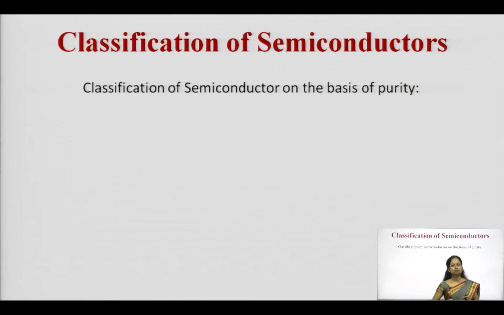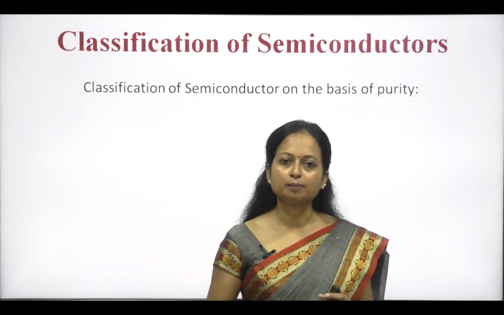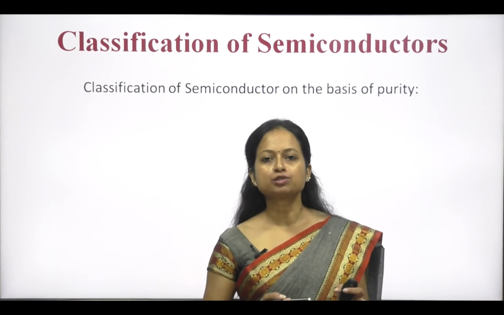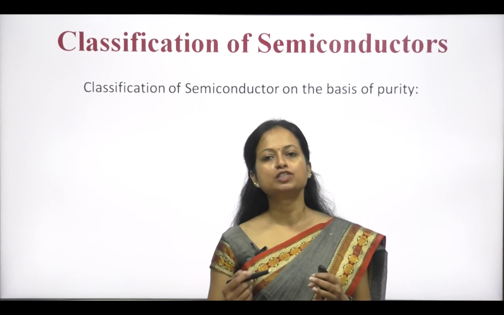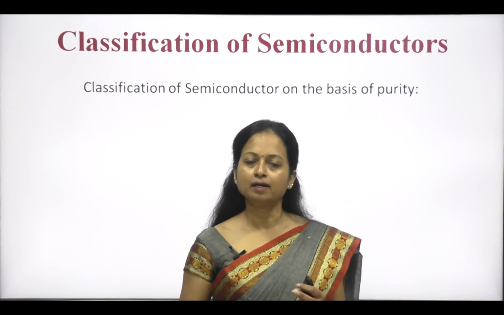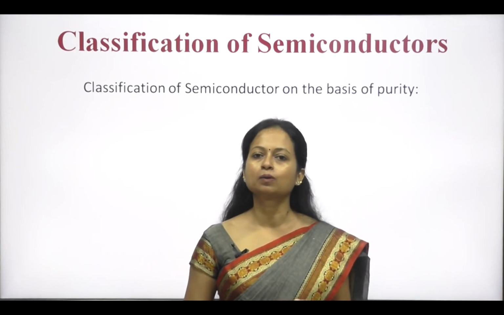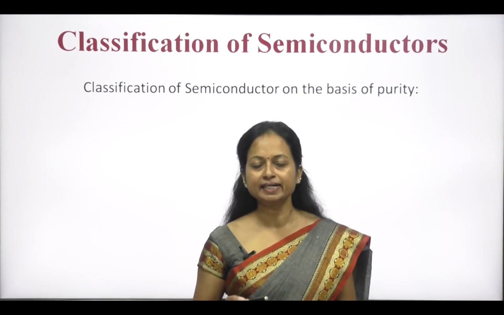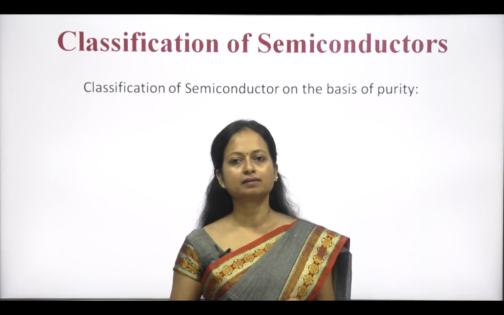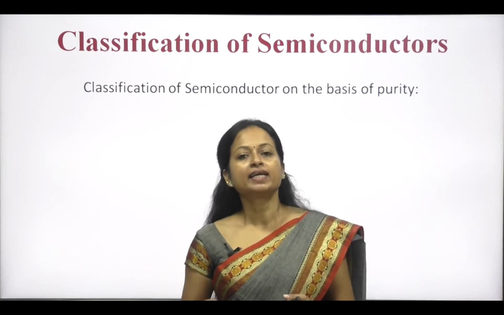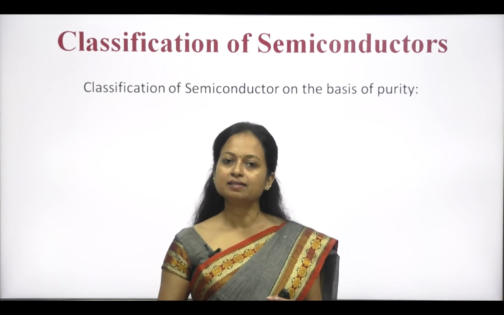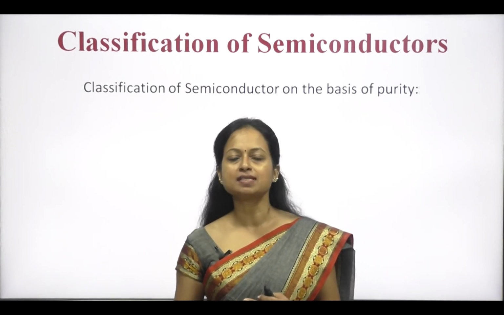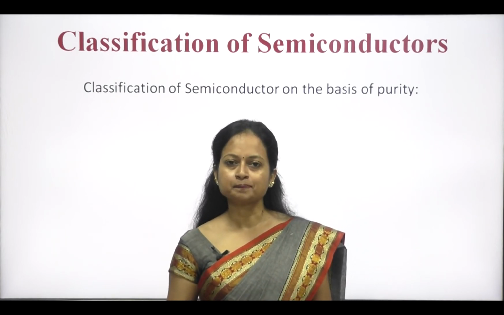Now, let us study the classification of semiconductors on the basis of purity. One, you have studied on the basis of which kind of structure is being formed, either it is an elemental semiconductor or a compound semiconductor. But at the same time, as we have studied, the conductivity of semiconductors can be increased. How can it be increased? By adding some impurities, and the addition of these impurities to the pure semiconductors is known as what?